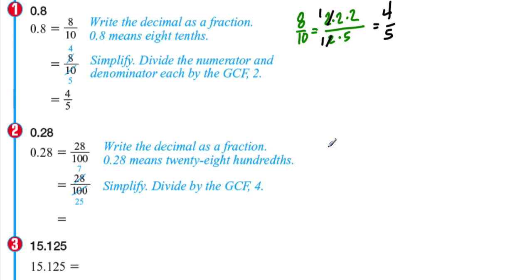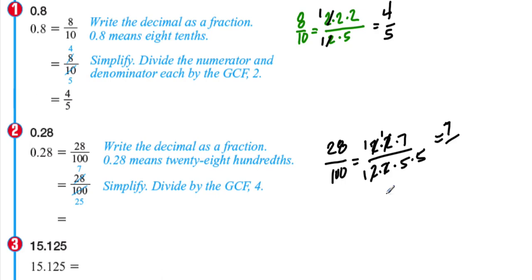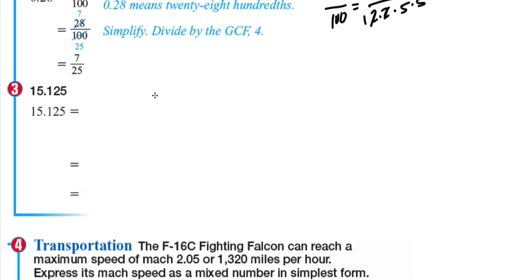Because if we write that again, 28 over 100, 28 is 2 times 2 times 7, prime factorization. 100 is 2 times 2 times 5 times 5. This cancels. That's a 1, that's a 1, that's a 1, that's a 1. So 1 times 1 times 7 is 7, and 1 times 5 times 5 is 25, because the GCF is what we cancel, which is 4, and that's why you can cross cancel. 28 divided by 4 is 7, 100 divided by 4 is 25. Simplest form is 7 over 25.